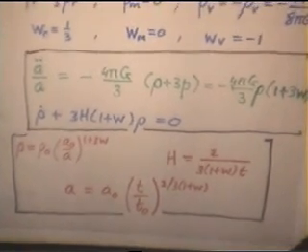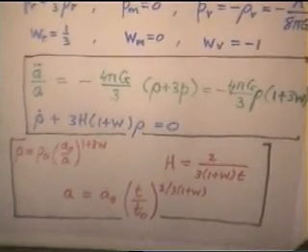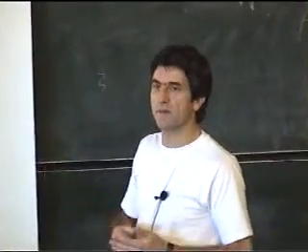I won't need you to remember those details. Just when I need these results, I'll come back to them. But essentially, as an exercise, if you haven't done it before, it's a good exercise just to show that you can derive those equations.